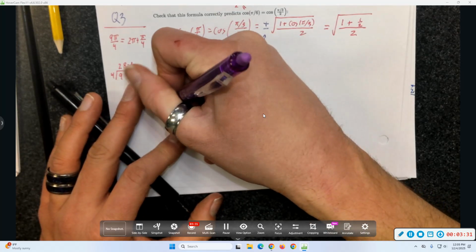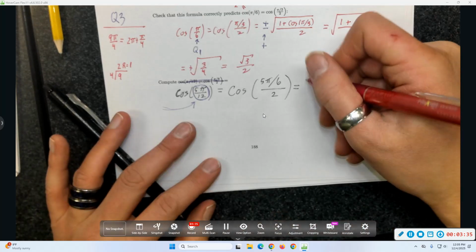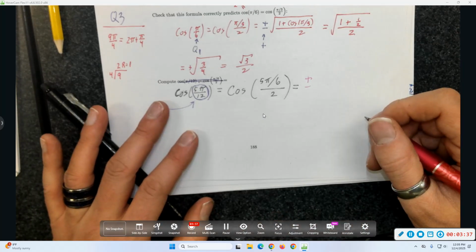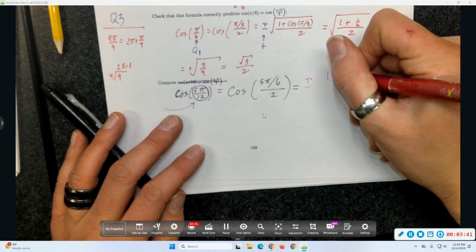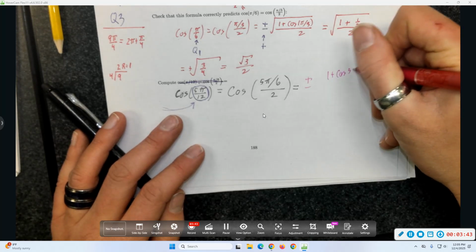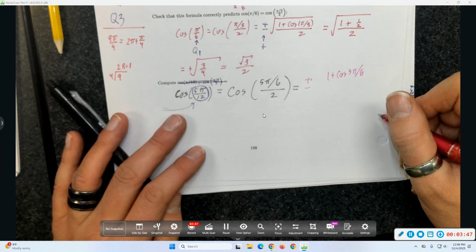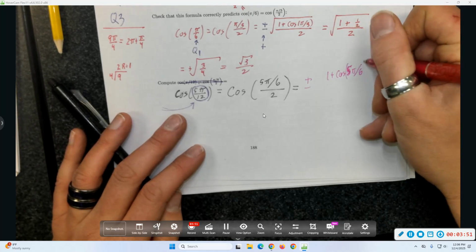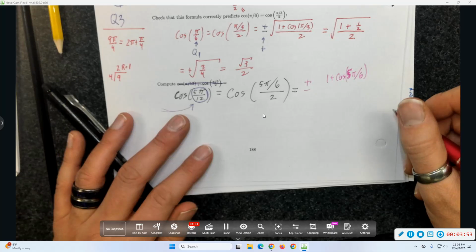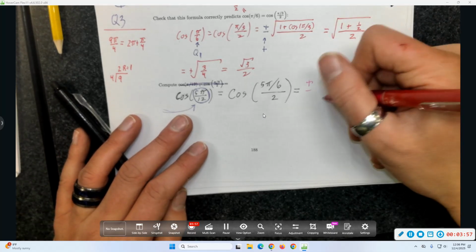Ooh, let's revisit that. I'm going to put the plus or minus in, and then we'll think about it. So, plus or minus the square root of 1 plus cosine of 5 pi over 6, divided by 2.